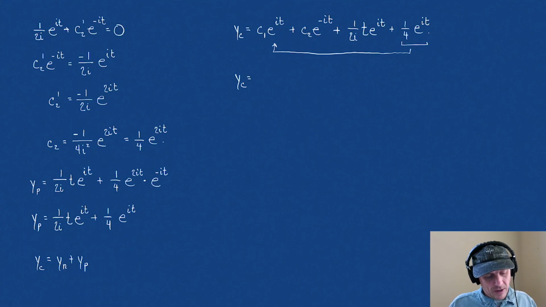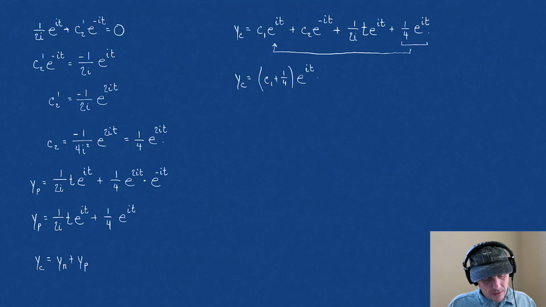So really, I can write this as c1 plus 1/4 e to the it plus c2 e to the minus it plus 1 over 2i times t e to the it.